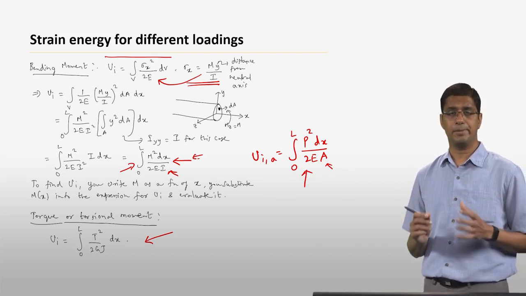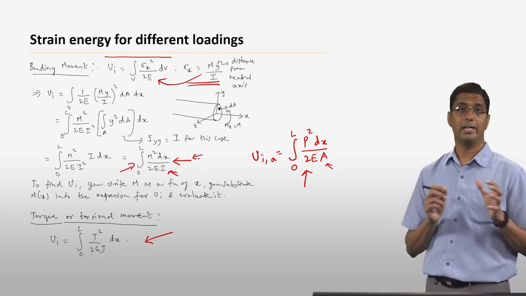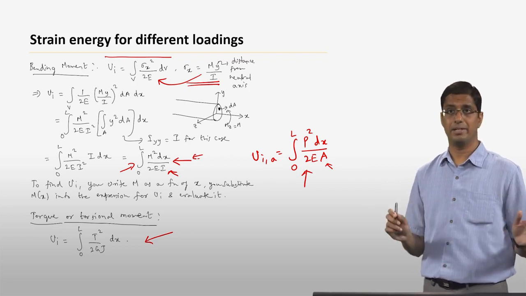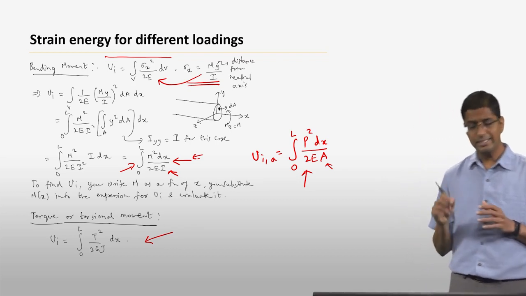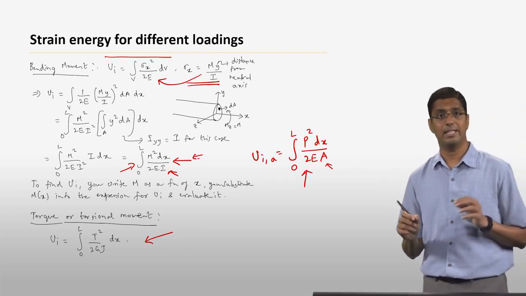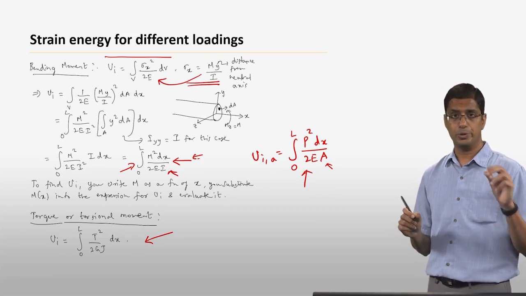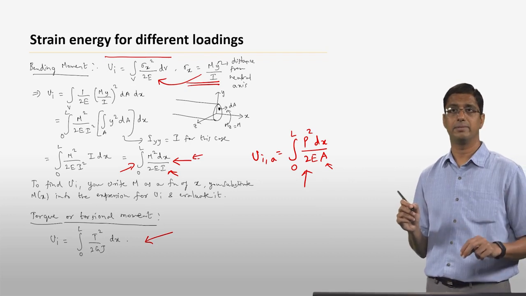So all these expressions for strain energy due to axial loading, bending, and torsional loading are very similar. They have very similar forms, okay? And the main thing that is common to all of them is that the energy is proportional to the square of the internal force or the internal moment or the internal torque, okay?